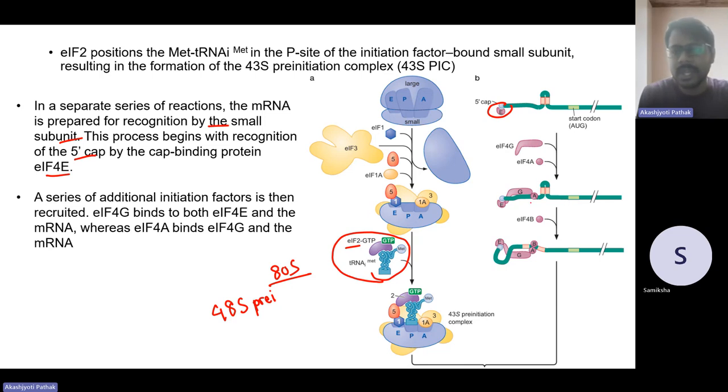You see here, this is your EIF4A, binding to EIF4G and the mRNA. Finally there is another initiation factor, EIF4B. All these factors together allow the mRNA to be recognized by the small subunit of the ribosome.